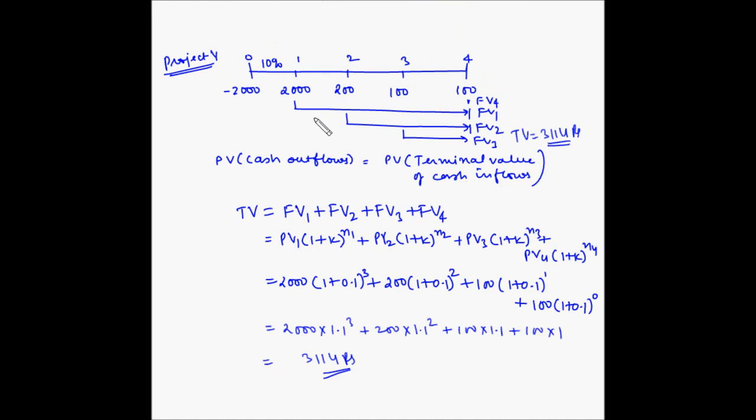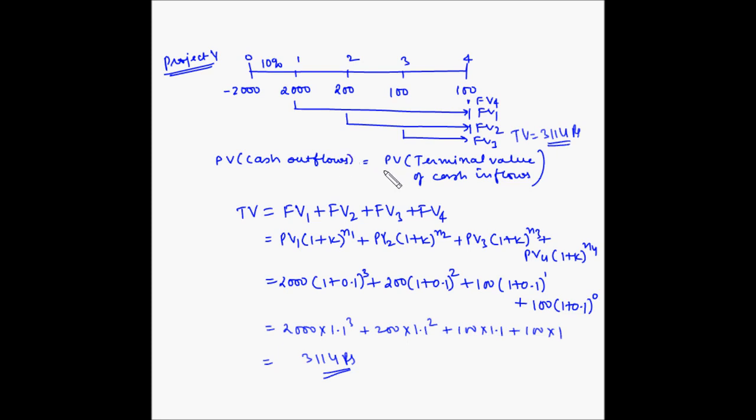So in other words, the present value of cash outflows and the terminal value of cash inflows will be calculated at the cost of capital. And then we'll equate the present value of the cash outflow to the present value of the terminal value of cash inflows at the rate which is the modified internal rate of return.